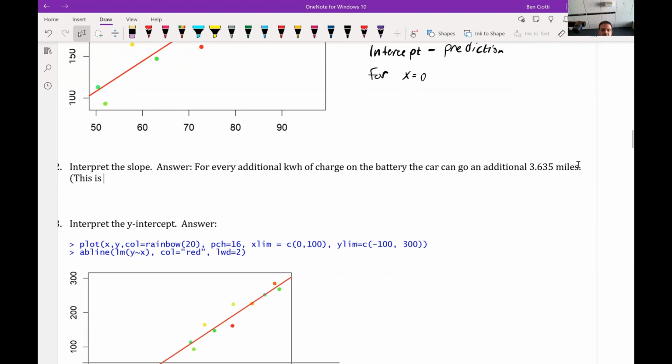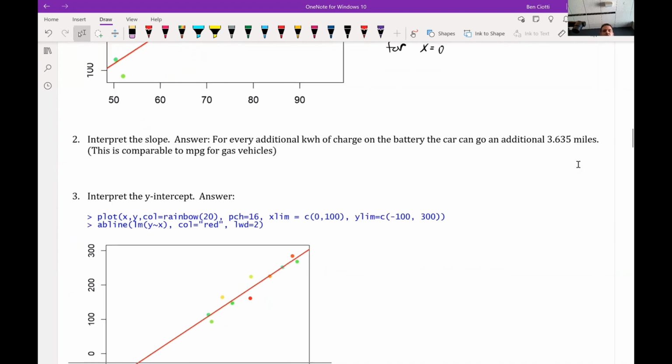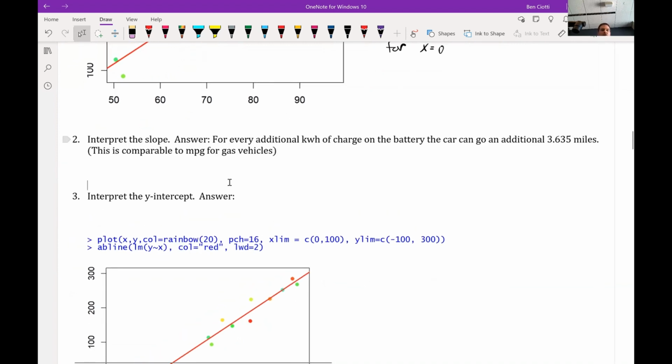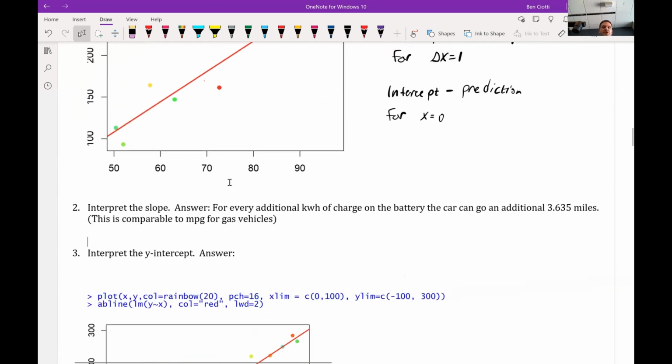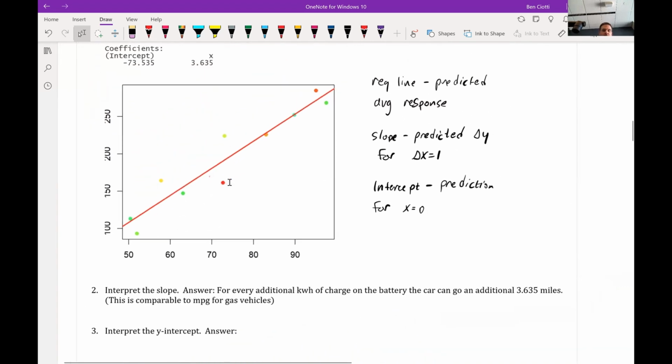So it's comparable to miles per gallon for gas vehicles. All right. Can someone interpret the y-intercept? What's the interpretation of this number?